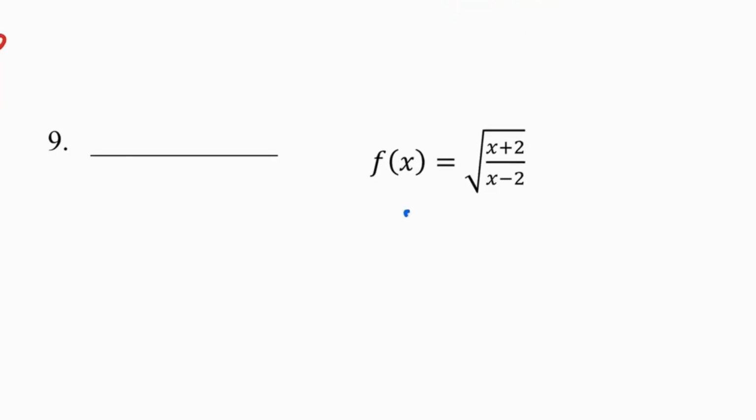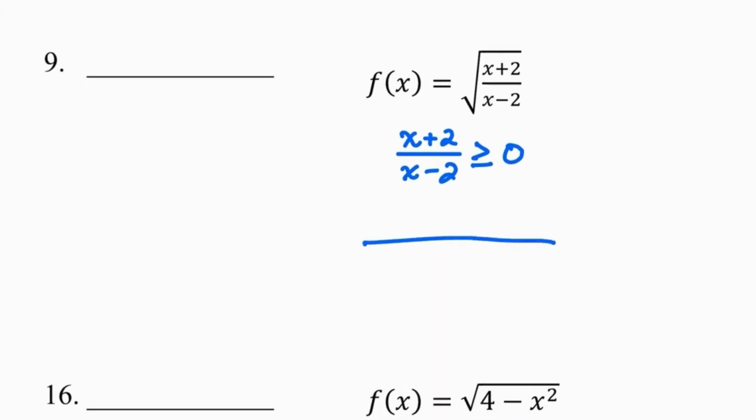What about this one? Well, this is the same idea. We have this radical and this radicand that's inside of it, and for the square root to have a real answer, the inside has to be greater than or equal to 0. Well, this is also technically a polynomial. We have multiple x's, so we're going to do the wave.